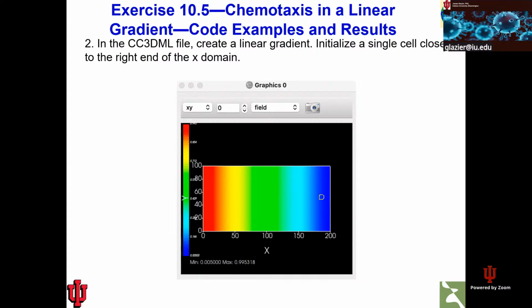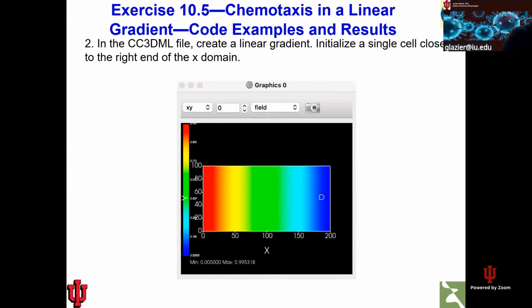But you want the initial concentration to be, yeah, you can type in an expression. So you could say, how many voxels is it across? 200 by 200. Well, you don't need 200 by 200 because it'll run slower, but it doesn't do any harm.